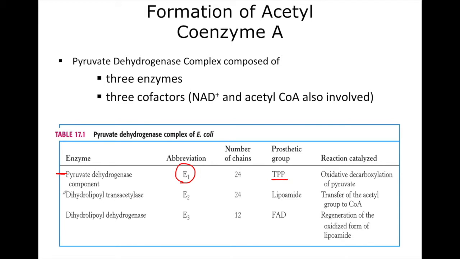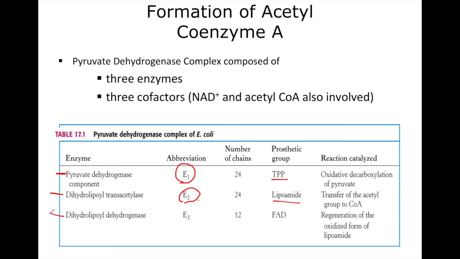Our pyruvate dehydrogenase complex also has an enzyme in it called dihydrolipoyl transacetylase, which we'll call the E2 component. And it has a prosthetic group called lipoamide, which helps it carry out its catalytic function.